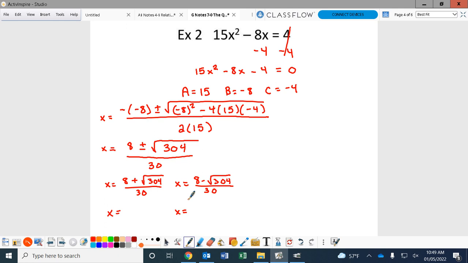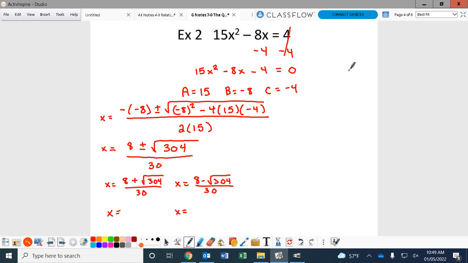So grab your calculators. Type 8 plus 304 square root. You have to hit an equal sign. This line, even though it's division, you need to put an equal sign to separate the top from the bottom. So it's going to be 8 plus 304 square root equals, divided by 30.